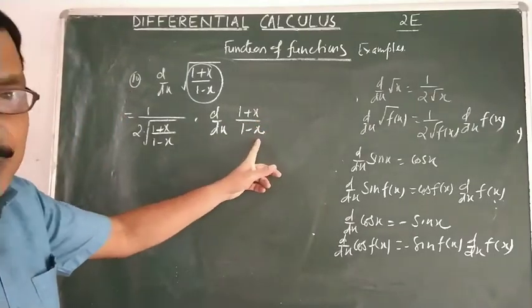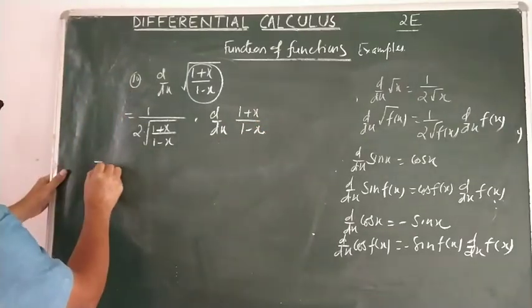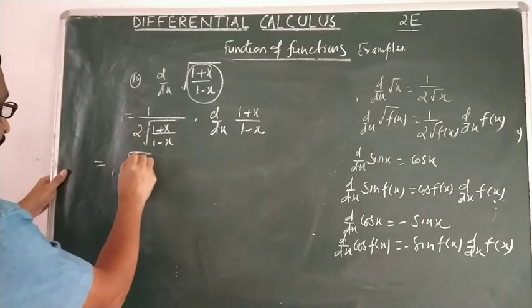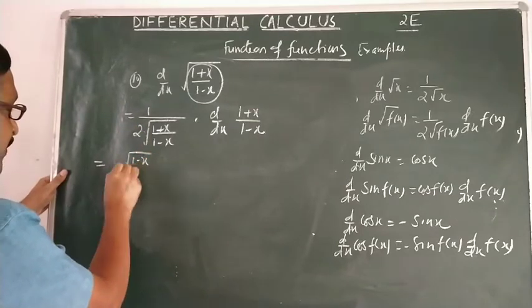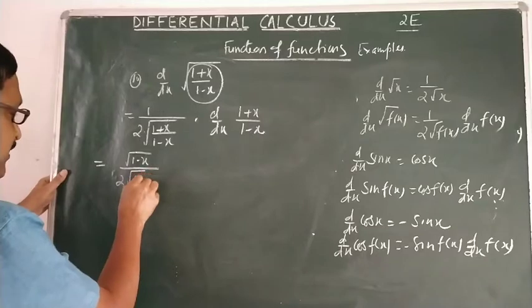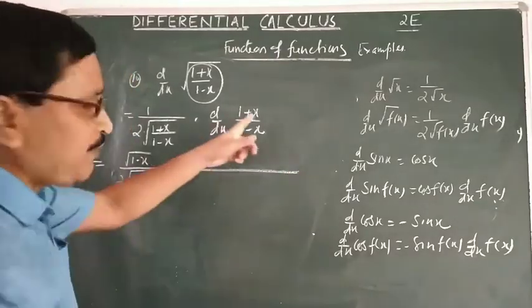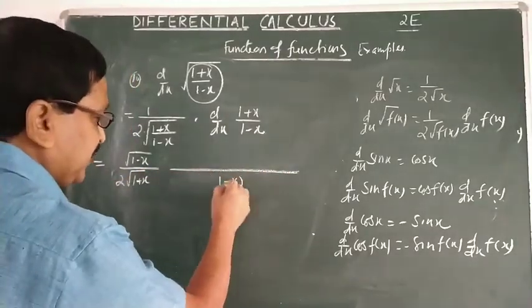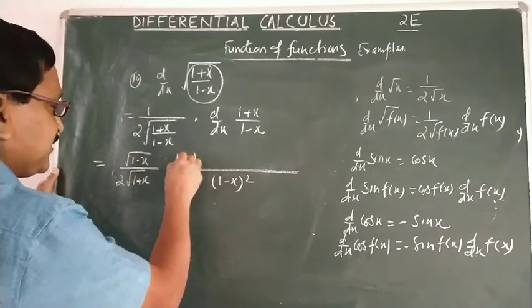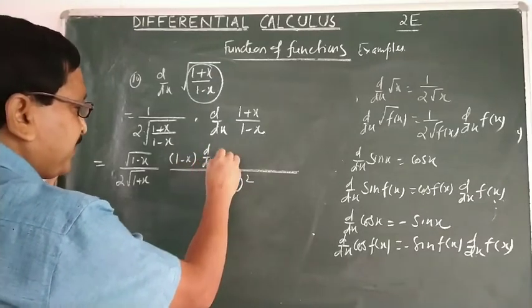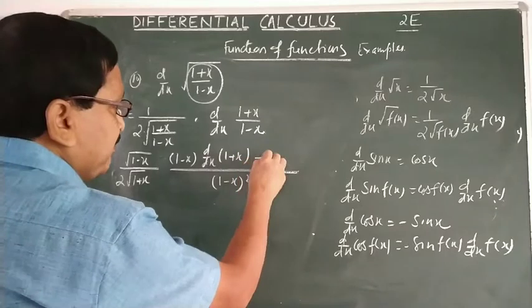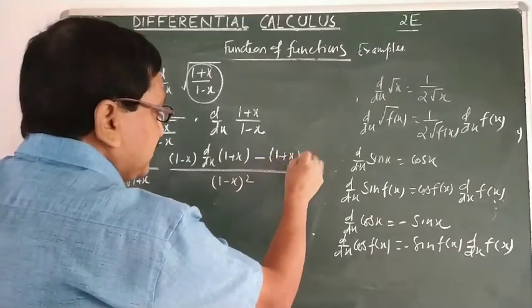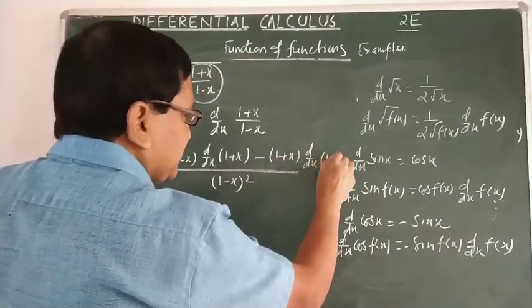After that you know the formula, u by v format. So this will go outside: root (1 minus x) by 2 root (1 plus x). Now according to u by v form, this is (1 minus x) whole square, (1 minus x) d by dx of (1 plus x), minus (1 plus x) d by dx of (1 minus x).